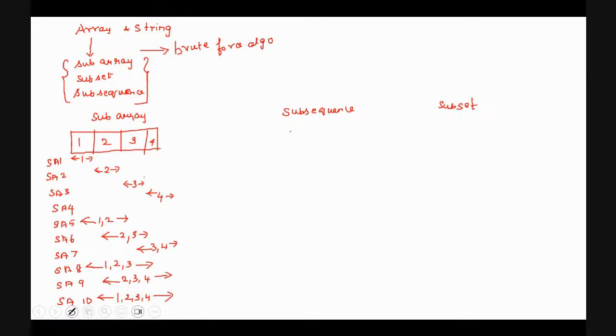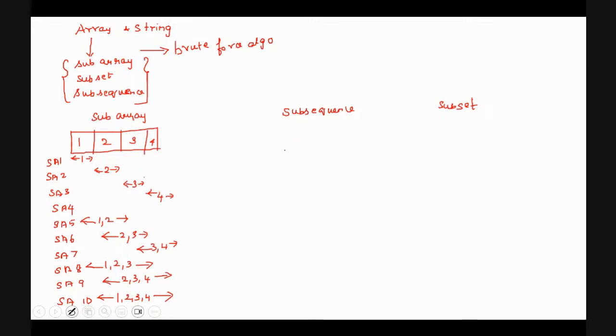You're going to form the subarray like this, whereas you're going to form a subsequence by deleting elements from the array, no or more elements. Even an empty array will be considered to be a subsequence of that particular original array.